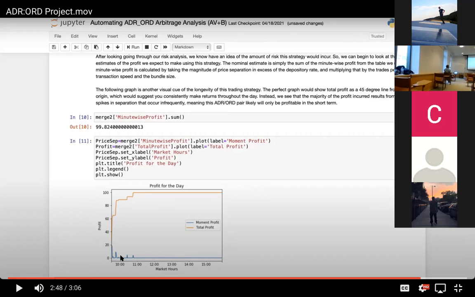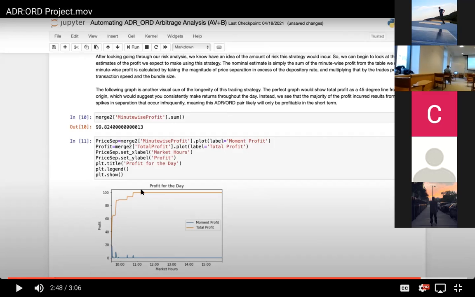And then your total profit line would be visualized as close to a perfect 45-degree line without as many kinks as we see here. Obviously we don't see that because BlackBerry is a pretty popular stock. It would probably be a sign that I did something wrong if we did see some systemic price inefficiency.